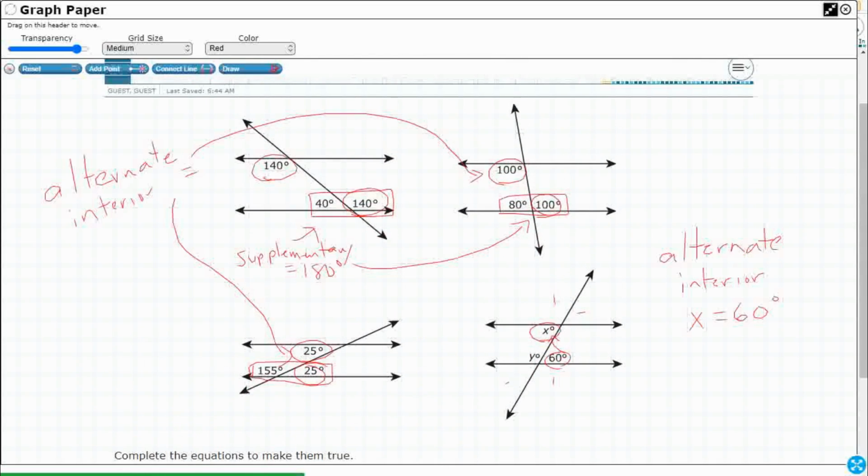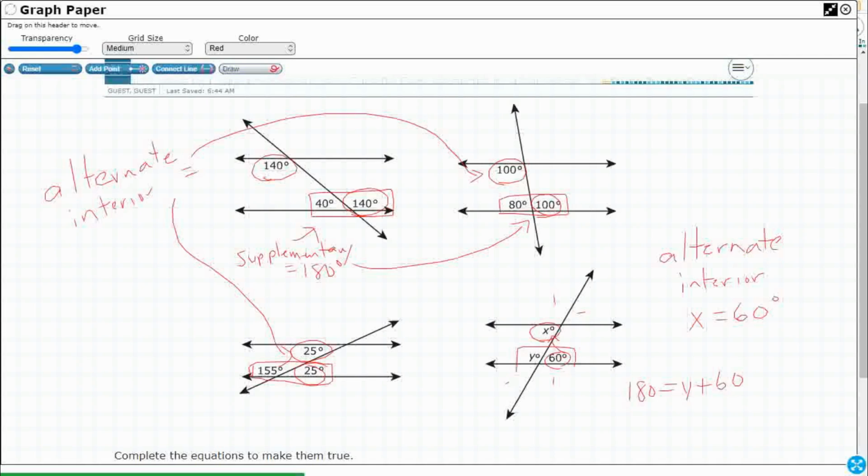Now, what we need to do here is figure out what x plus y is. Well, in order to do that, we need to figure out what y is. Then we just simply add that. So what is y? Well, these are going to be supplementary angles, right? So it's going to equal 180. Y plus that 60, right?